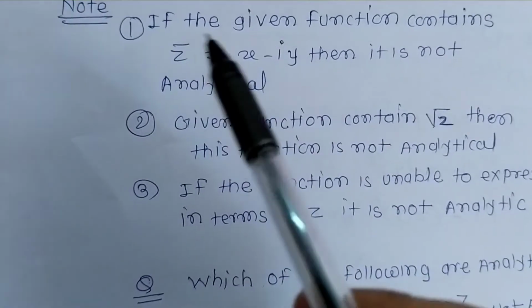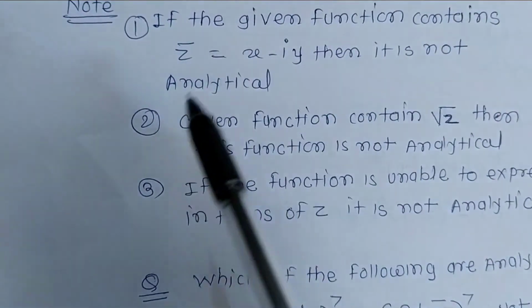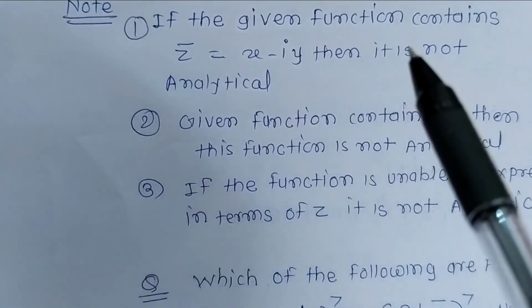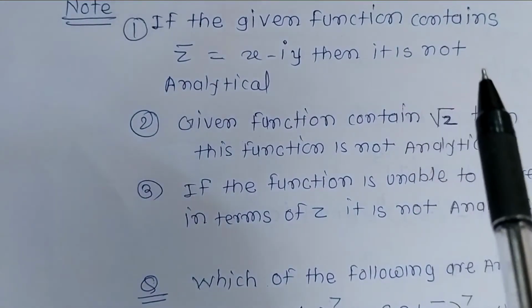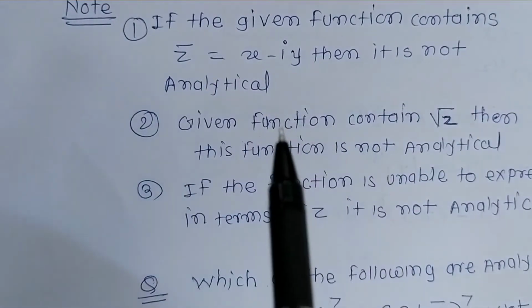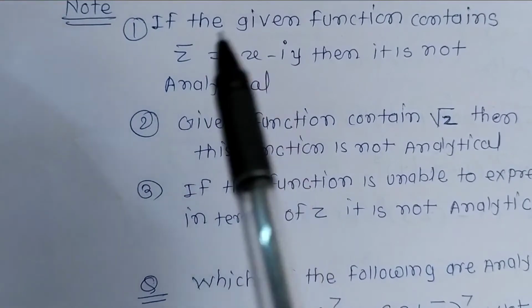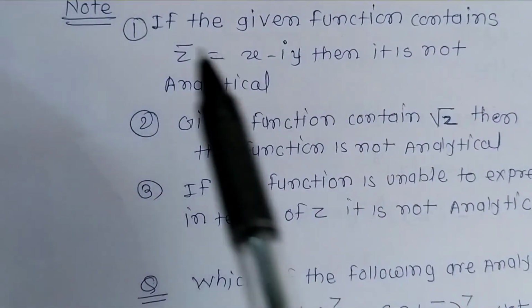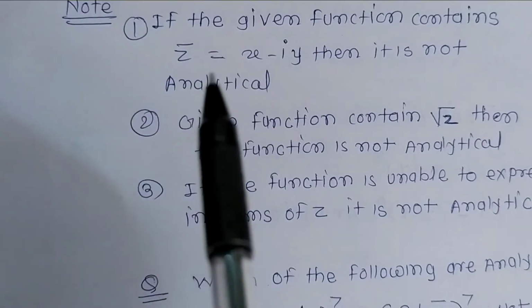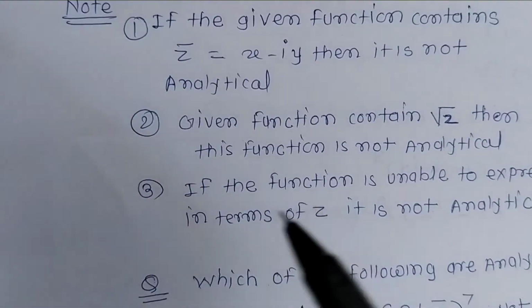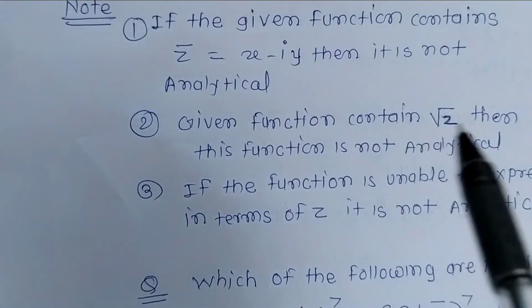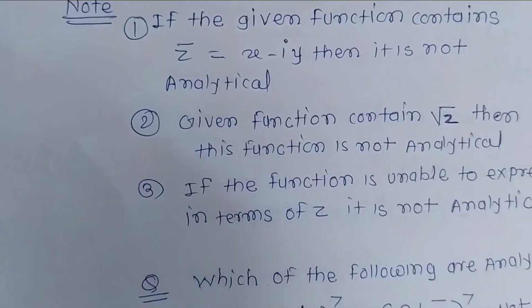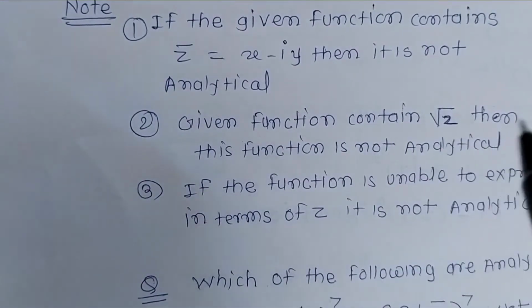Some notes. If the given function contains z bar, that is x minus iy, then this is not an analytic function. Okay, when x minus iy, that is z bar, is within the function, then this function is not analytic. Second condition is when the given function contains root z, then this function is not analytic.